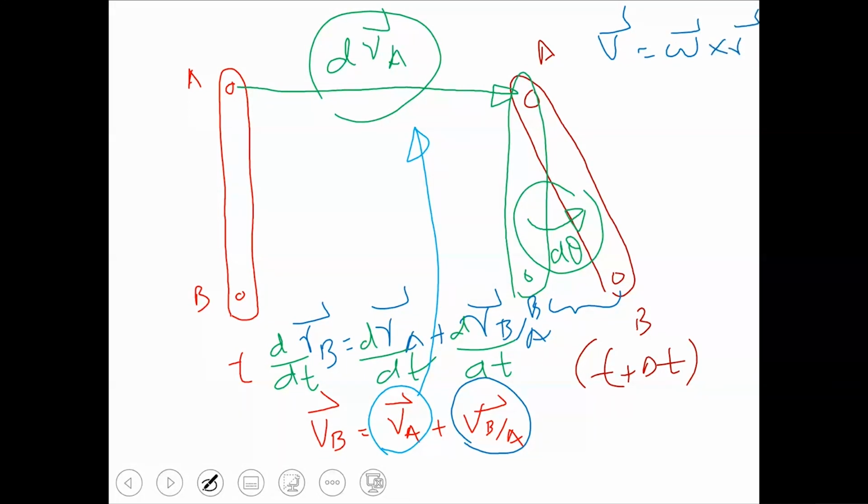In case of pure rotation, V vector is basically omega cross R. So yes, we are going to replace this VBA, since point B is covering the rotational aspects. So since point B is in pure rotation with respect to point A for this rotational aspect, we can replace this VBA by omega cross R. Omega is going to be the omega of this rigid body and R is going to be the position vector RBA, which defines the relative position of B with respect to A.